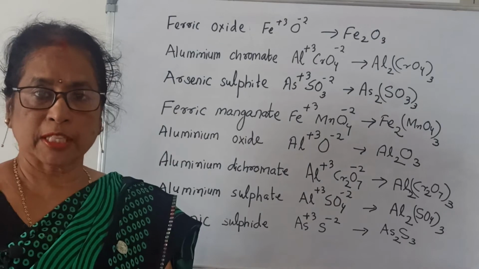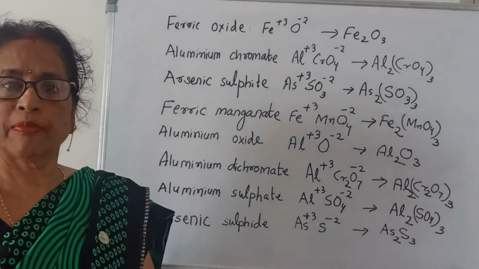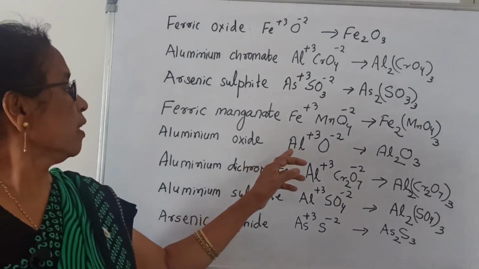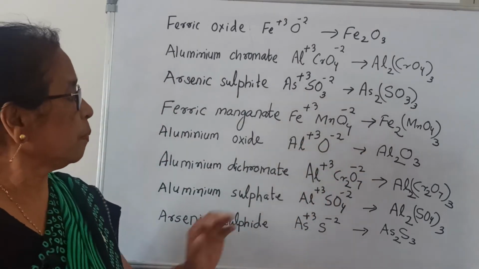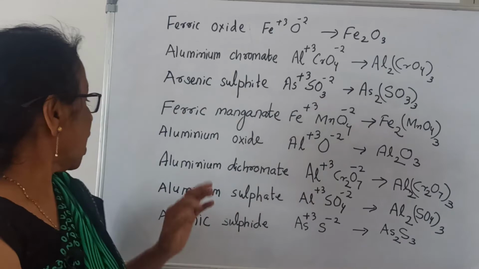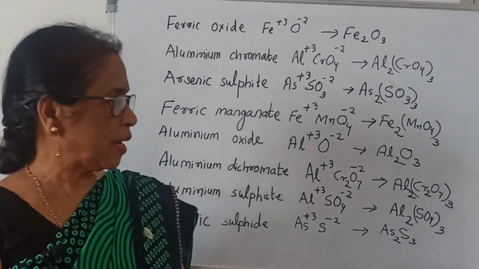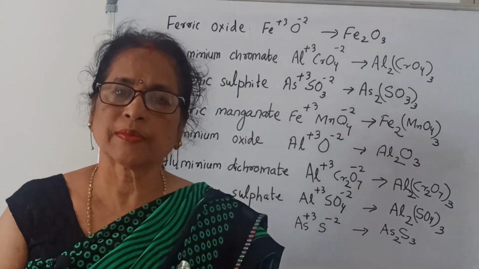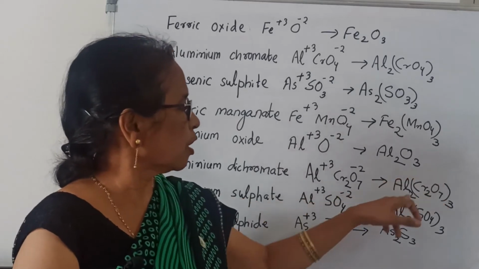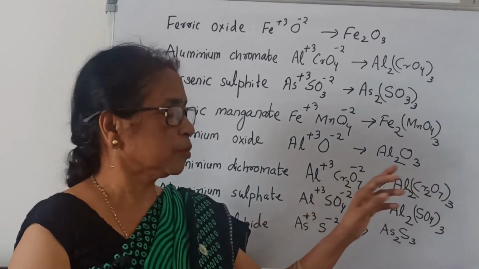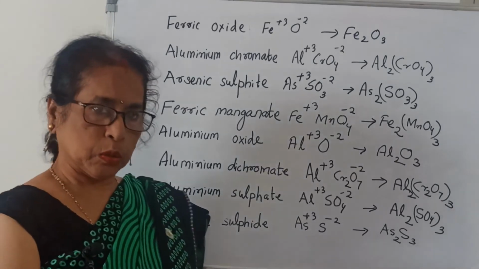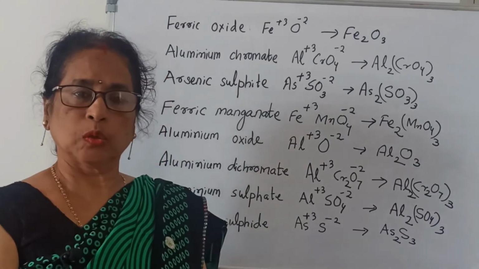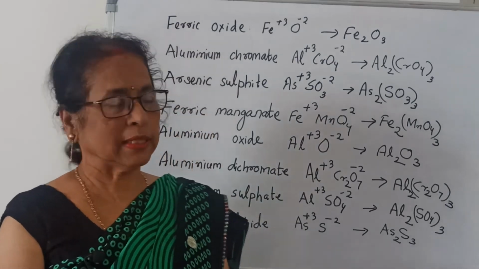Now here aluminium oxide: Al plus 3, O minus 2, this is very important for the general principles of extraction in chemistry, and here Al plus 3, O minus 2 gives Al2O3. The pure one is called bauxite. Now aluminium dichromate: Al plus 3, Cr2O7 minus 2. So 2 will come to aluminium and 3 comes to Cr2O7. Then the formula is Al2(Cr2O7)3.